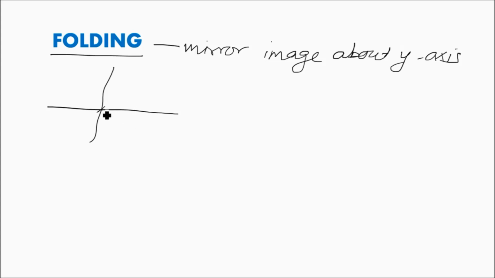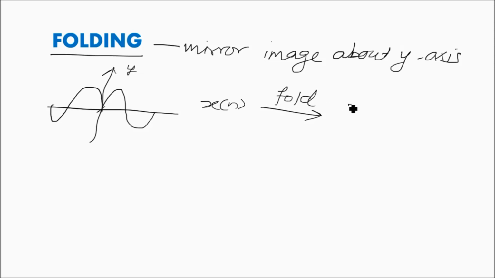If you are folding a signal, you are finding its mirror image about the y-axis. In case of folding, if x of n is given and you want to fold it, then it is represented as x of minus n. This is the notation for folding. We will take an example.